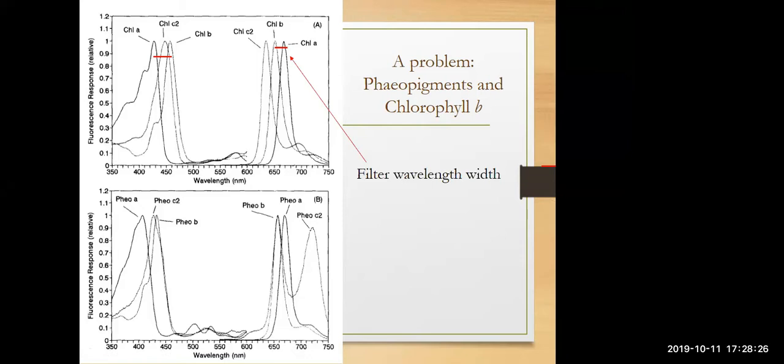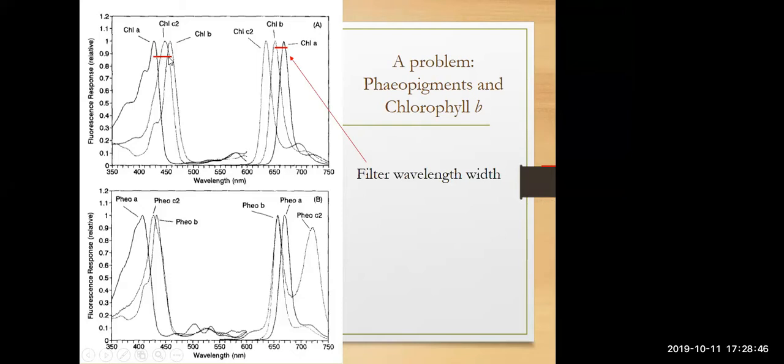You will see that here I inserted a red mark to indicate that filters used in fluorometers usually average all of these wavelengths.